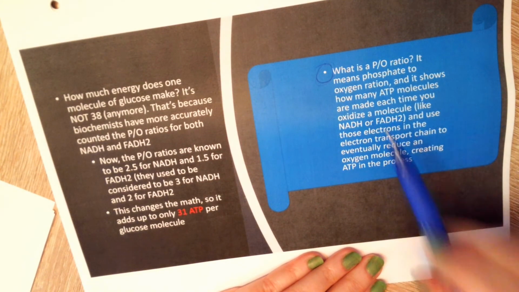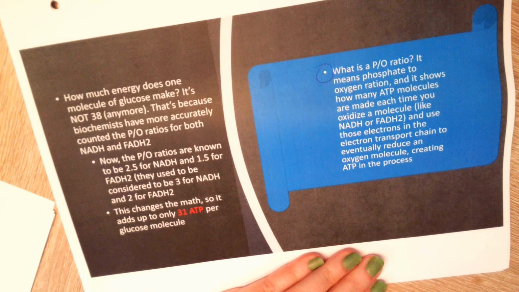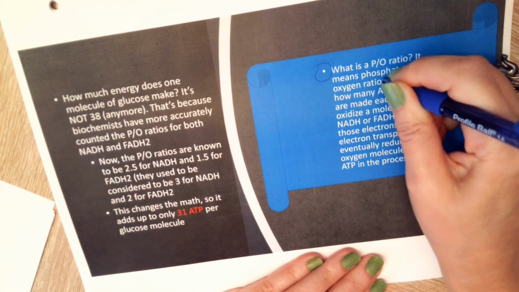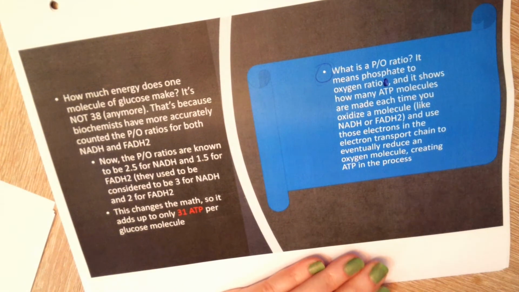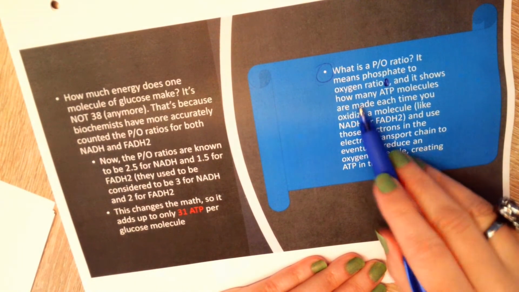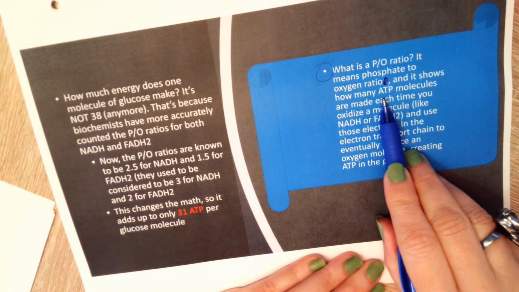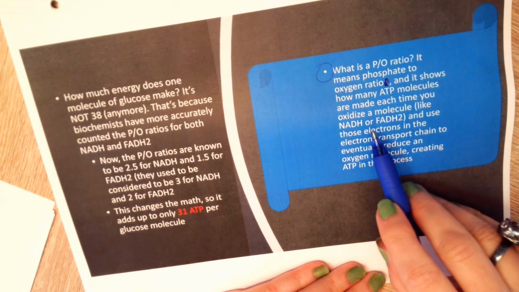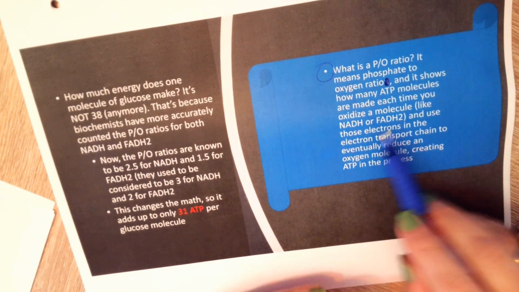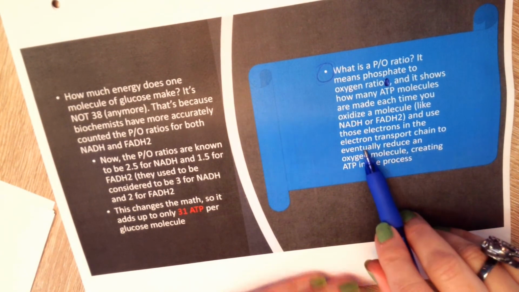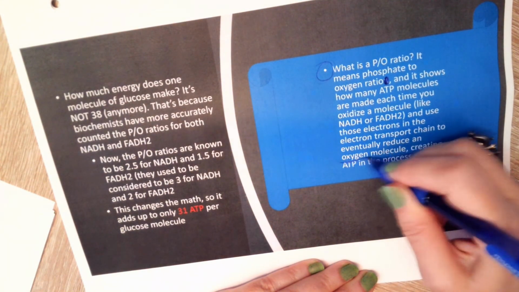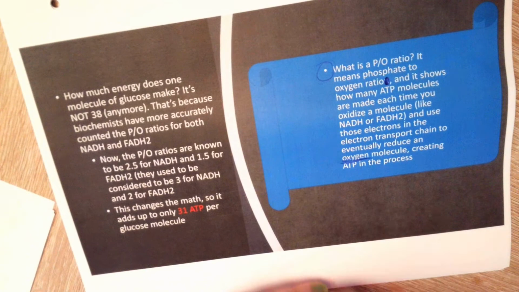Technically, it means the phosphate to oxygen ratio. So with that PO ratio, you're going to see how many ATP molecules you get every time you oxidize NADH or FADH2 and bounce their electrons down the electron transport chain until we hit the final electron acceptor, which is oxygen.